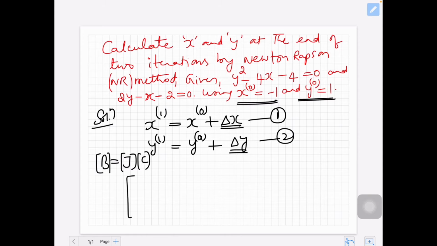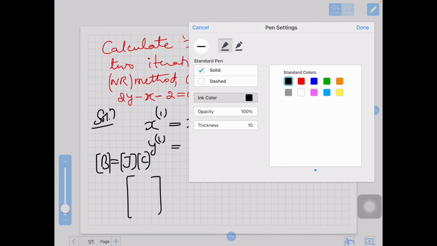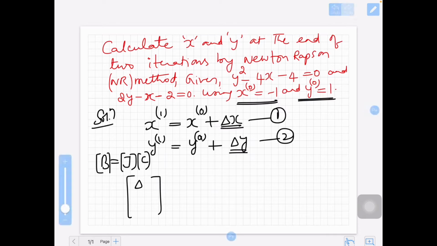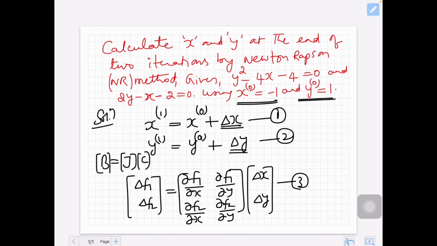B is the correction vector, that is delta F1, delta F2, equal to the matrix with dou F1 by dou x, dou F1 by dou y, dou F2 by dou x, dou F2 by dou y, times the corrections delta x and delta y. This is equation number 3.